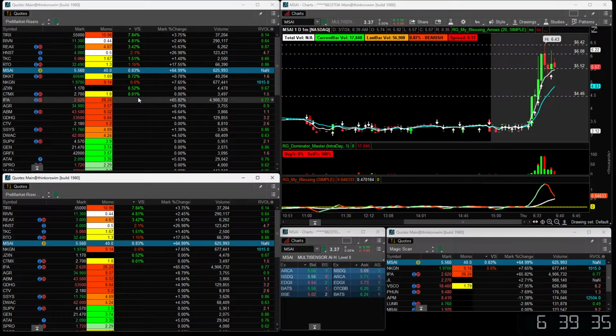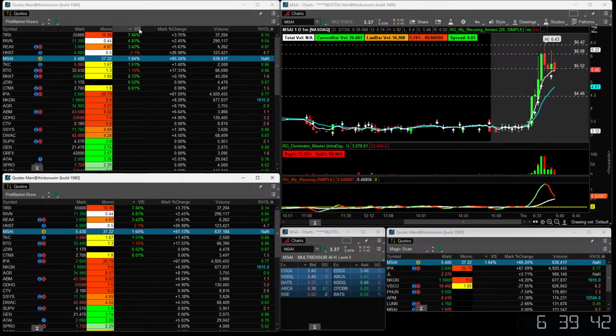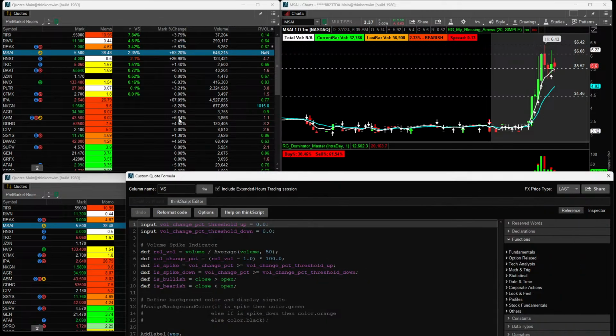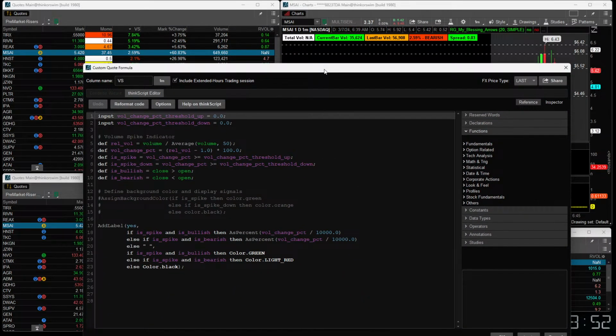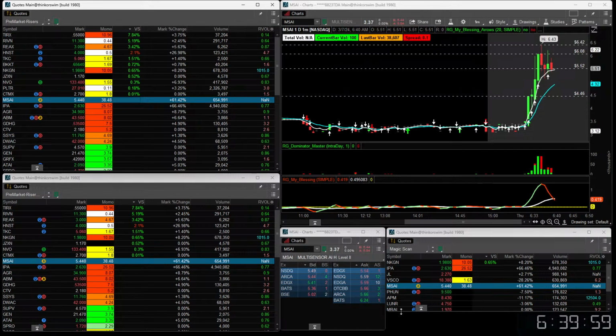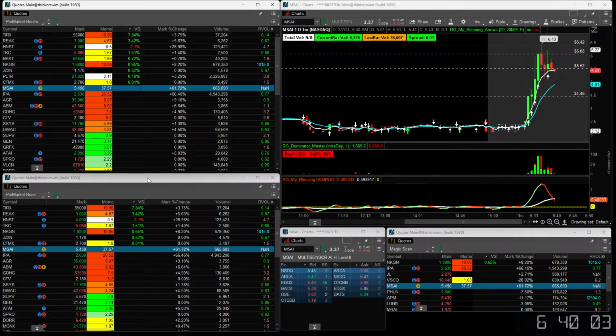Maybe we'll get stock number 3 here soon. Outsider, if you right click on it, is EXT checked on the volume spike? Right click, edit formula, make sure this box is checked. You have to make sure EXT is checked on both of them, and I'm sorted by volume spike this morning.